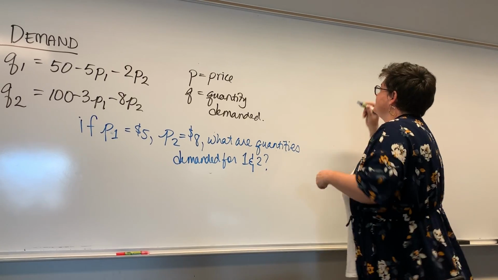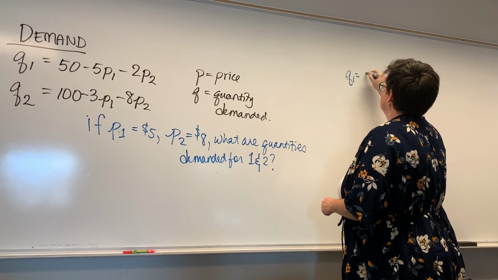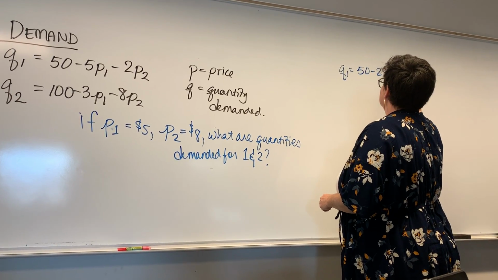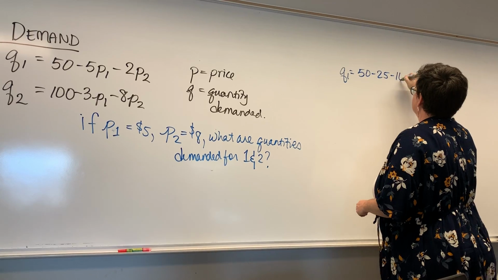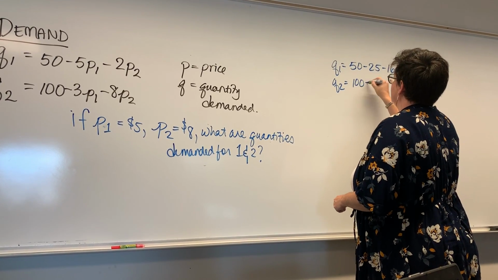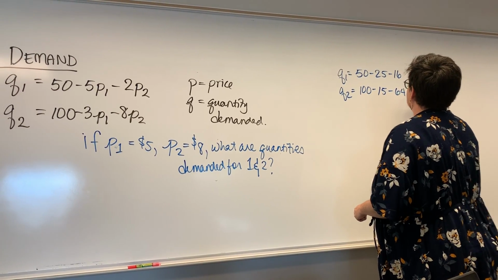Don't overthink it, guys. It ain't that hard. So let's do that. Q1 equals 50 minus 25 minus 16. Q2 equals 100 minus 15 minus 64.